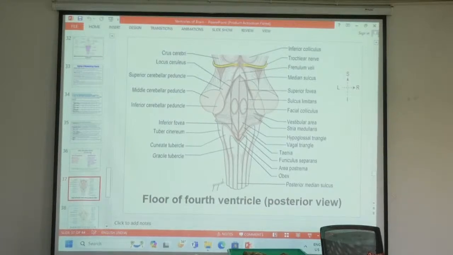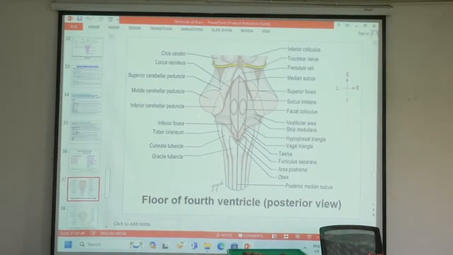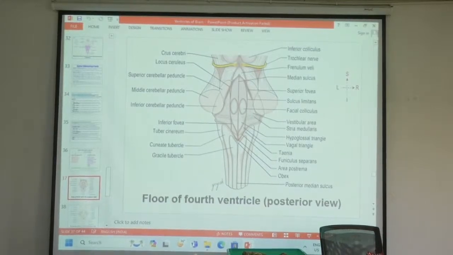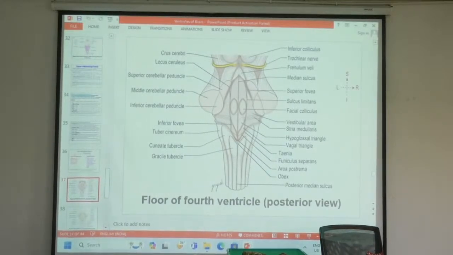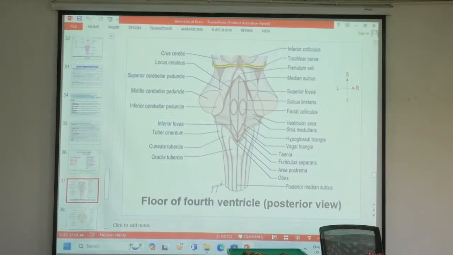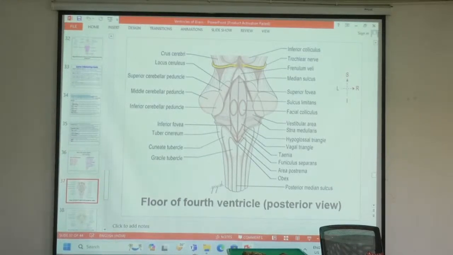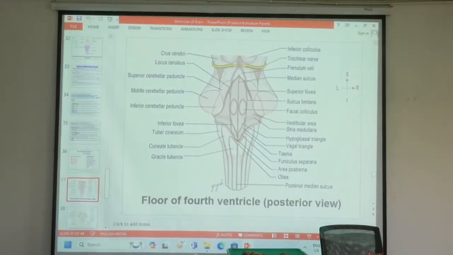So these form the inferolateral boundary of the floor, and the superolateral boundary of the floor is formed by the superior cerebellar peduncles. These are sections of the middle cerebellar peduncle, and the inferolateral boundary is partly formed by the inferior cerebellar peduncles.